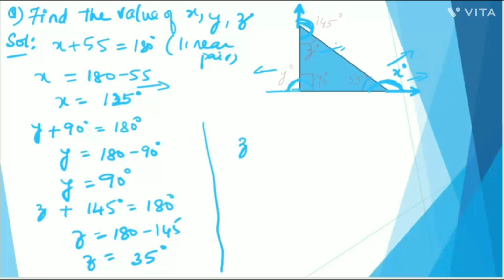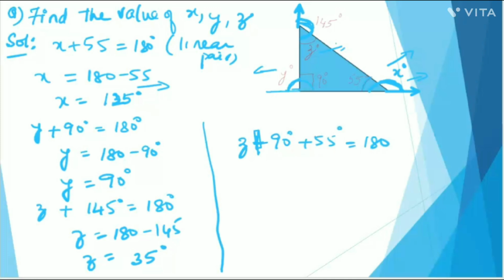We can find z also by using the sum of angles in a triangle. z plus 90 plus 55 is equal to 180 degrees.